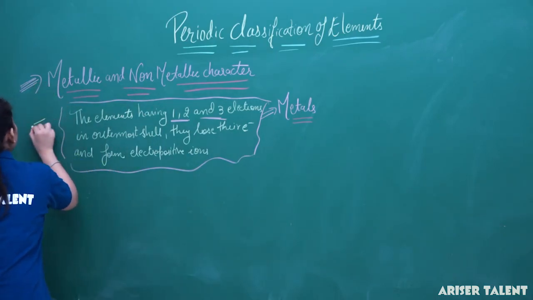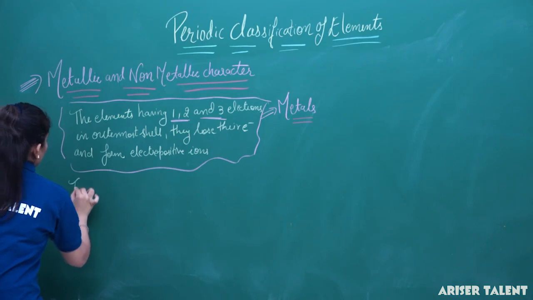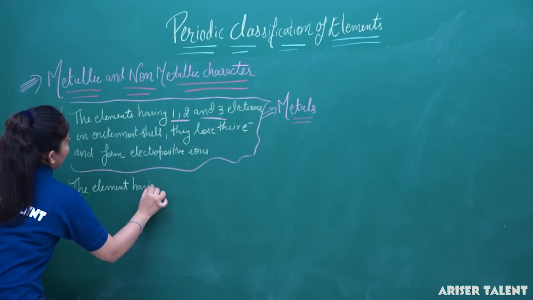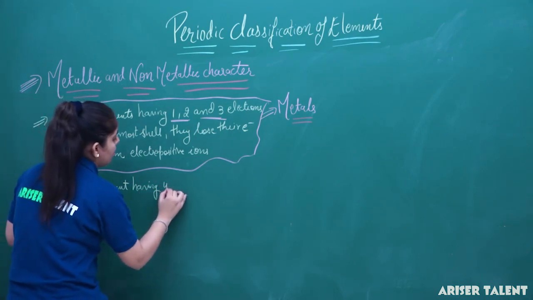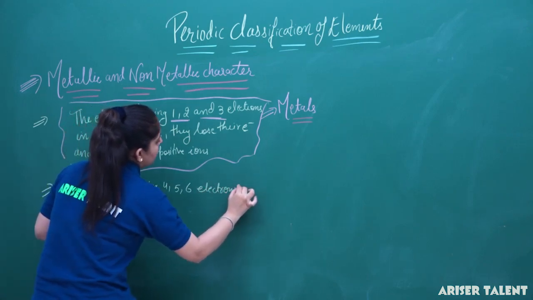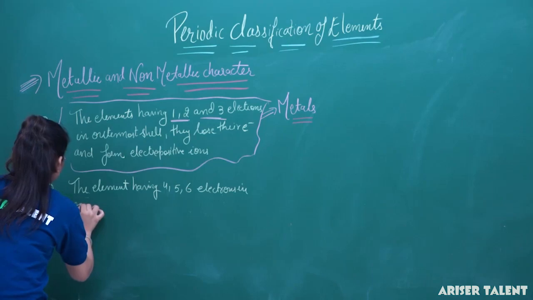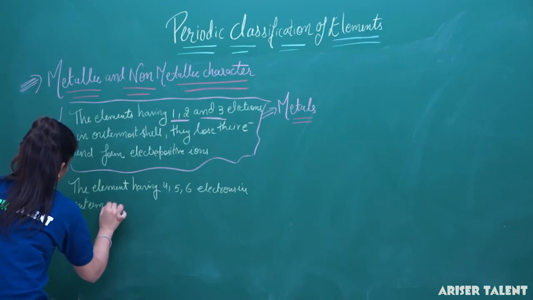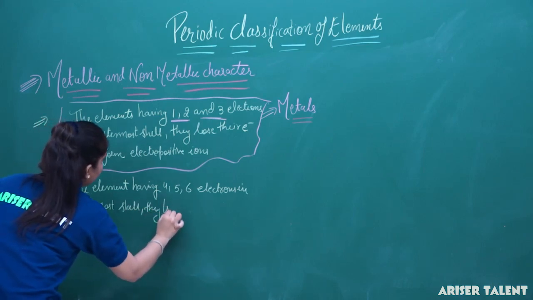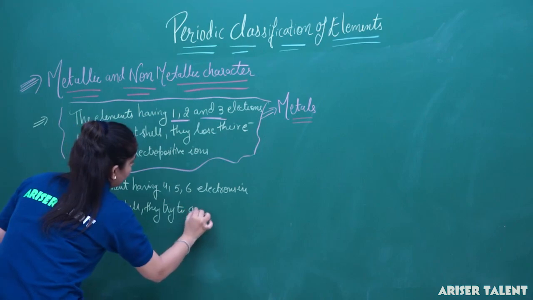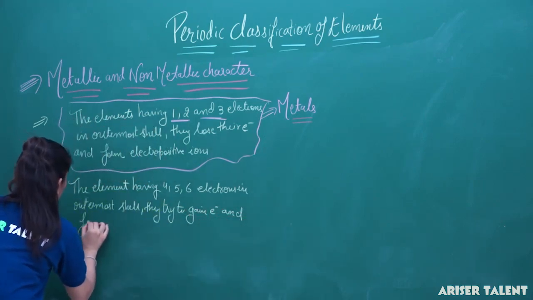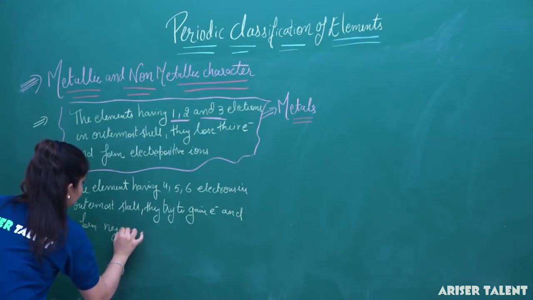So we can write here: the elements having 4, 5, 6 electrons in the outermost shell try to gain electrons and form negative ions.